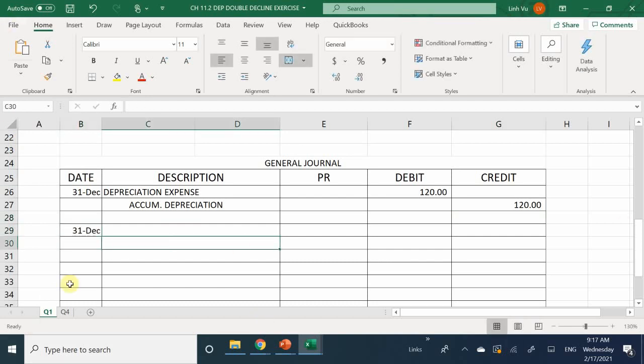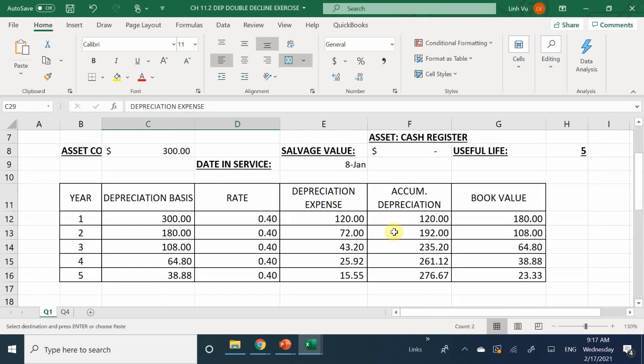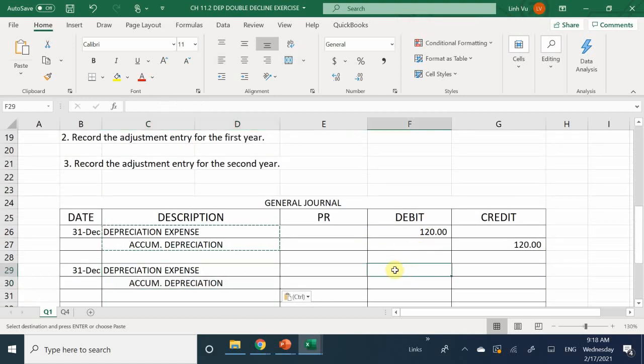Same journal entry applies: you have the depreciation expense and the accumulated depreciation. So what is the depreciation expense for the second year? $72 even. And that's pretty much all you have to do.